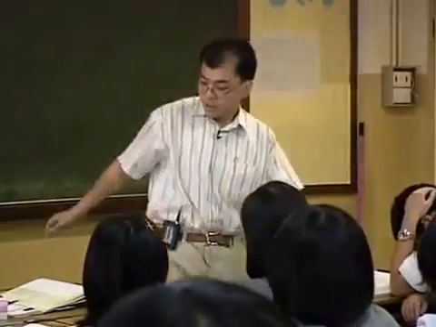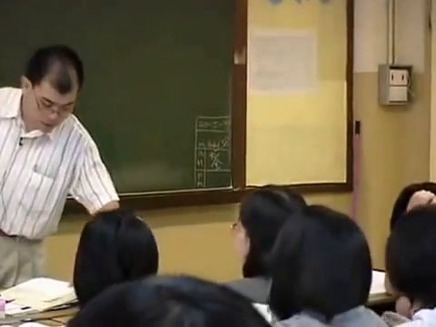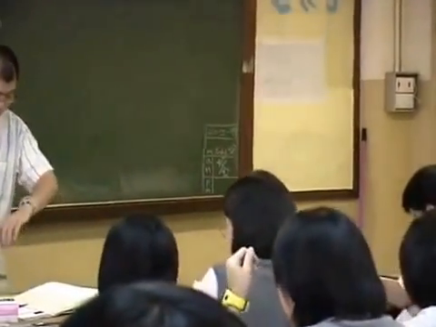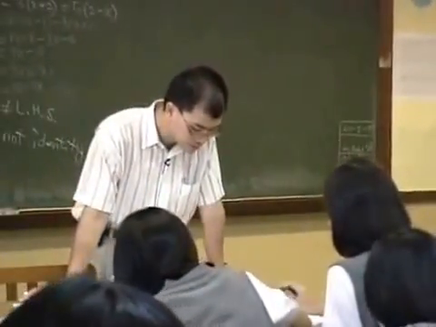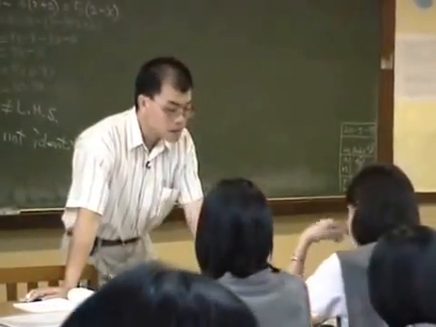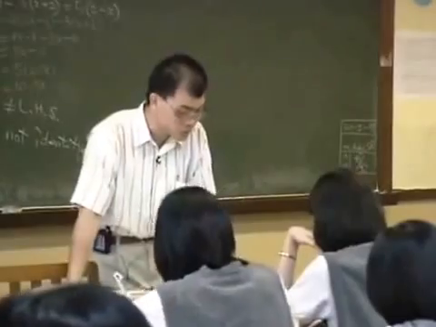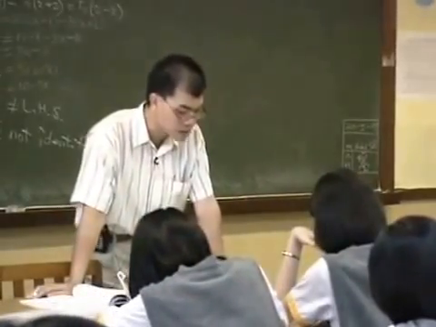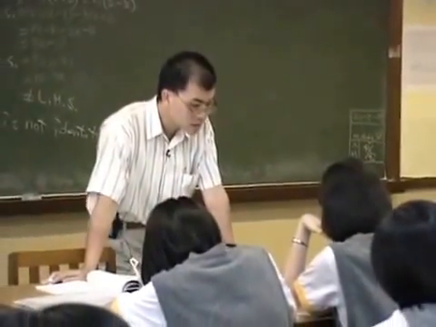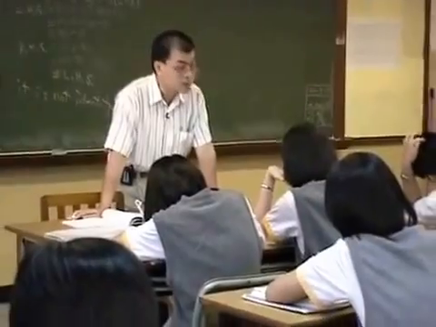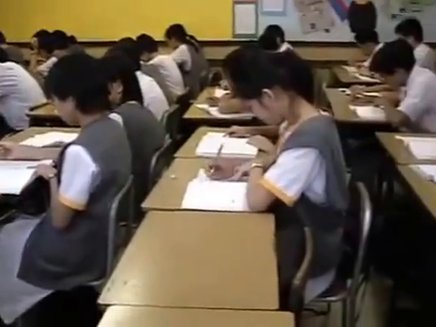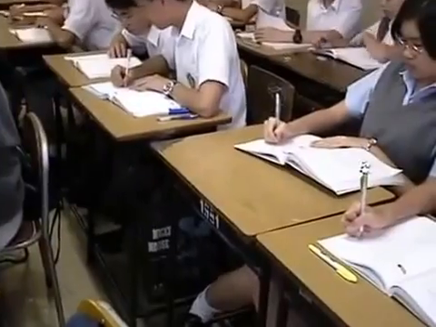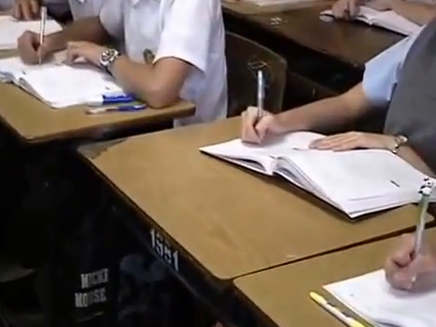Okay, you have some class practice here. Page 147. Page 147. Seven equations are given to you. Some of them are already in expanded form, but some are still in factorized form. Use the method listed on the blackboard.